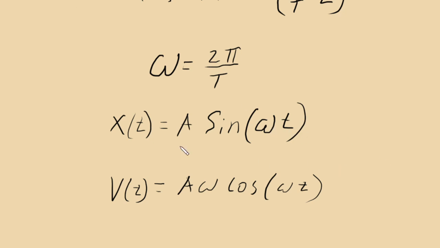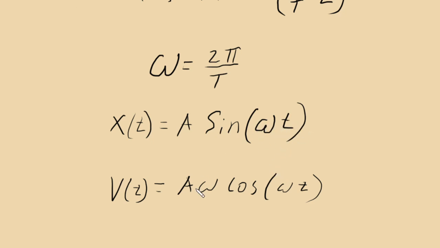When we take the derivative of our position with respect to time, we have to use the chain rule, where we take the derivative of the inside multiplied by the derivative of the outside. When we take the derivative of the inside with respect to time, we end up with just omega.